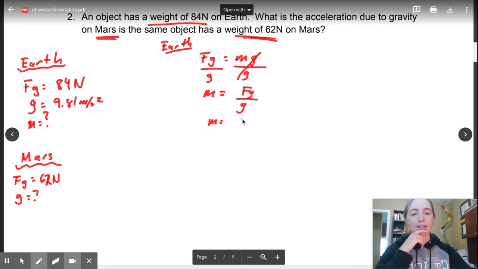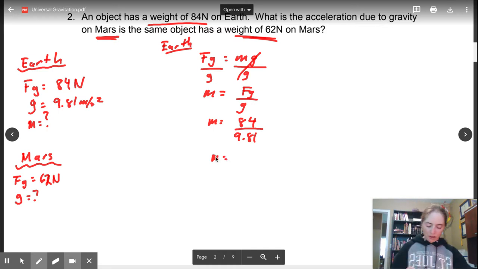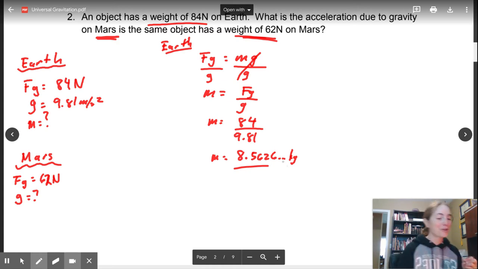So my mass of 84 newtons, divide that by 9.81 meters per second squared, and you're going to get the lovely value of 8.5626 dot, dot, dot kilograms. Now that number is the same regardless of where you are. So that many kilograms is going to be the same on Mars.